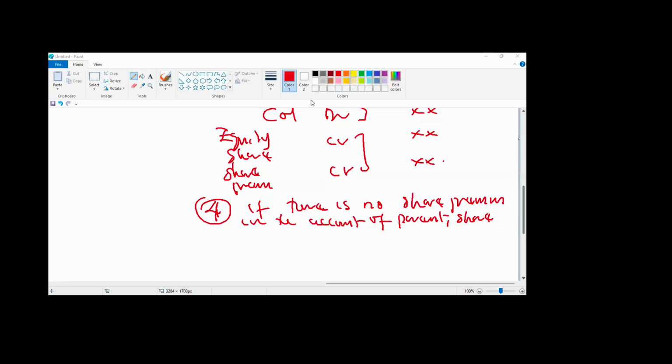So if there is no share premium in the account of the parent, a share premium account will be created. This is what you must know.